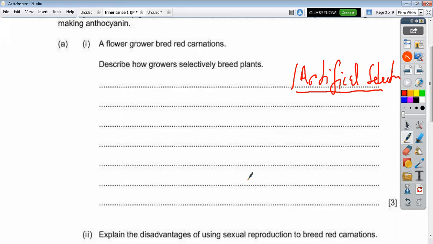The genes of the desirable characteristics are passed to the next generation.